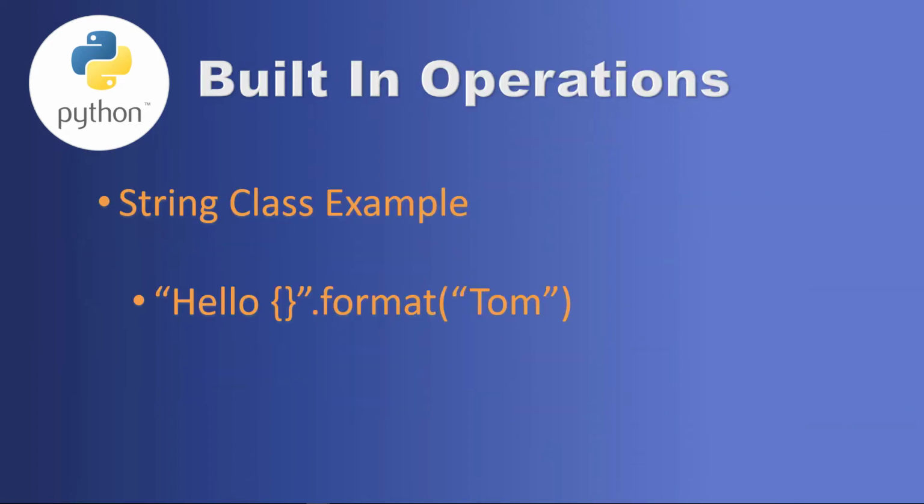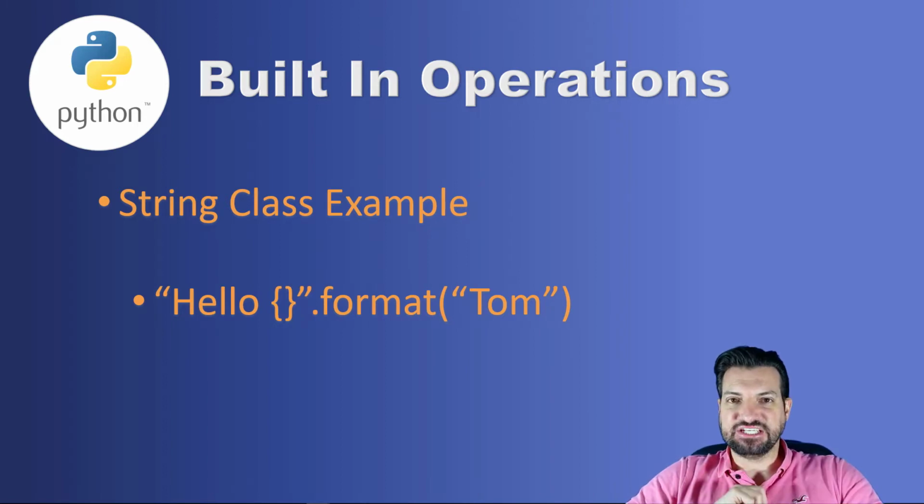We've already been using classes and instantiation without even knowing it. For example, let's take the string class. Remember how we could write out strings and then write the method .format to append things like variables back into the string, as we see here?